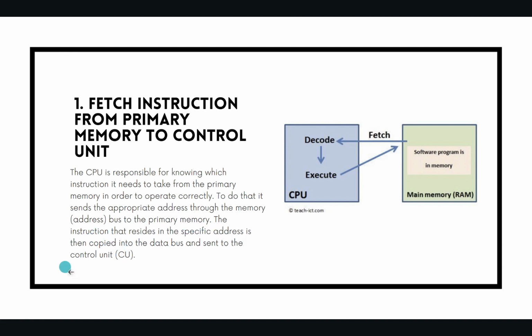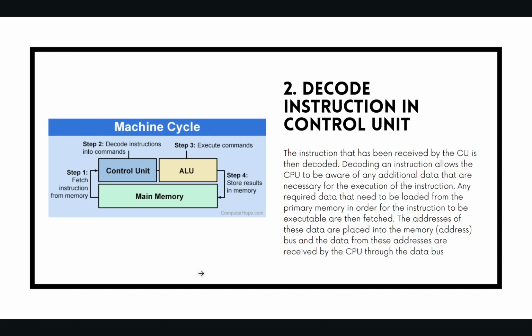The instruction that resides in the specific address is then copied into the data bus and sent to the control unit, CU. So as the instructions arrive at the CPU, they are copied and sent to the CU, so the data can be fetched.